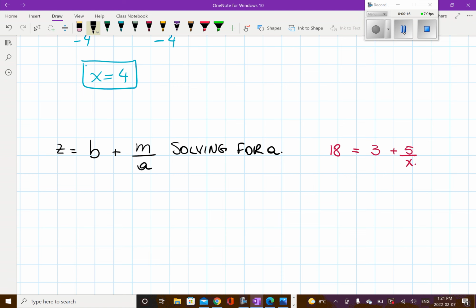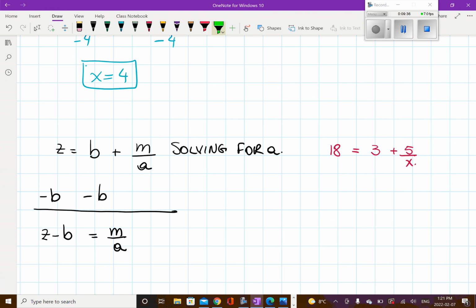First, we start by canceling the b, so take away b on both sides. And then on the left side, we will have z minus b is equal to m over a, because what do we do when we are solving literal equations?